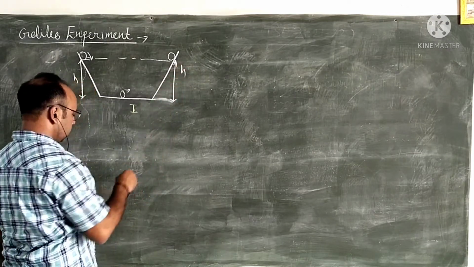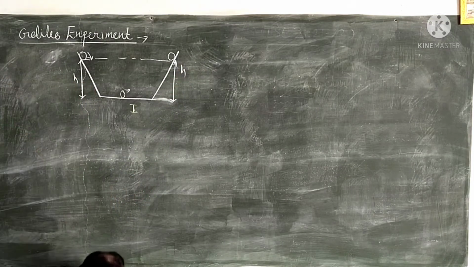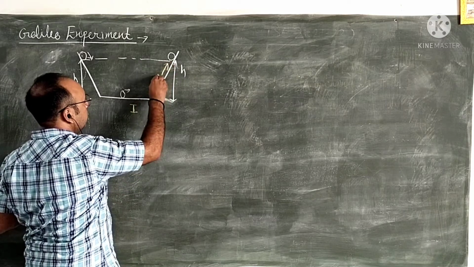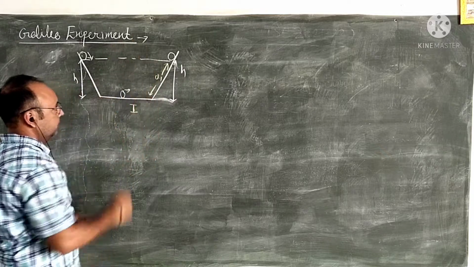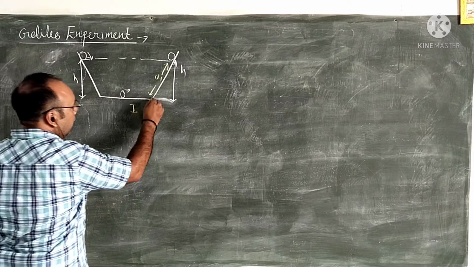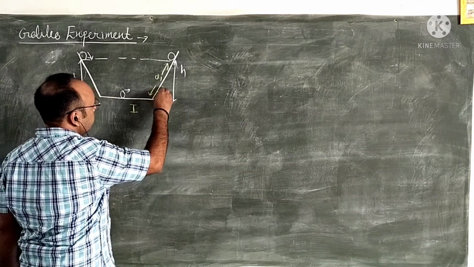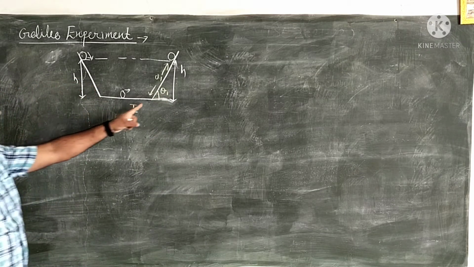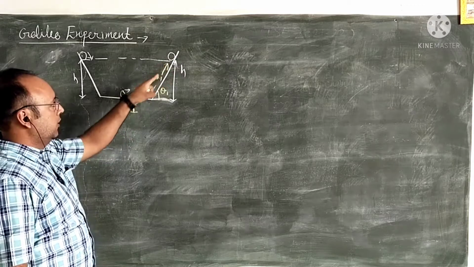h, right? And d1 was the distance which it covered while going up, and theta 1 is the angle between the ground and this slanting side.